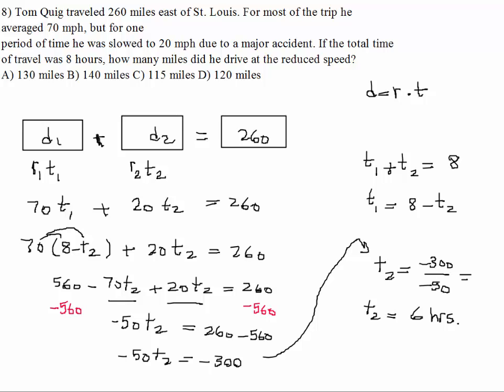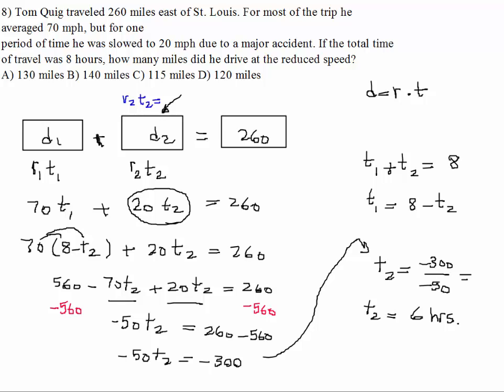That's the reduced rate. That would be the distance. So now we know T2 is 6. Let's use a different color. So that would be R2 times T2. That's the reduced rate, and that would be how many miles we traveled.